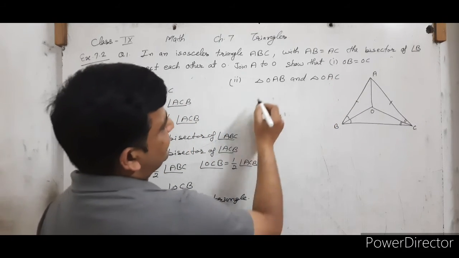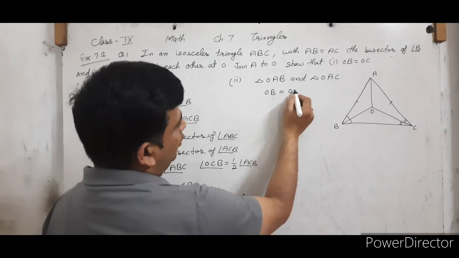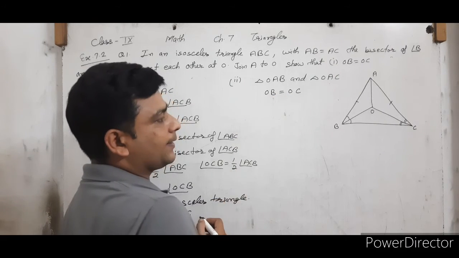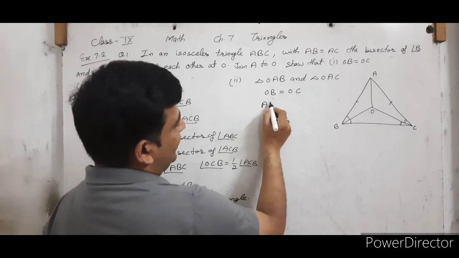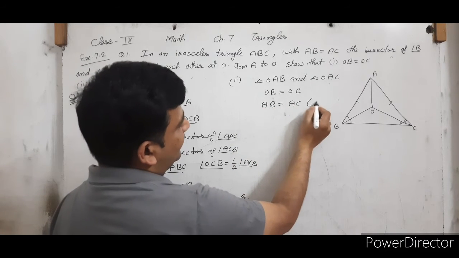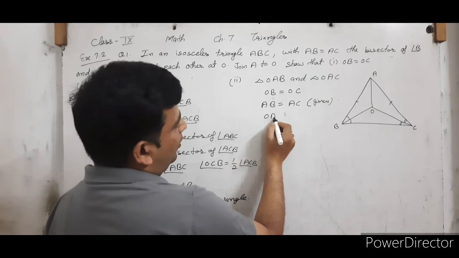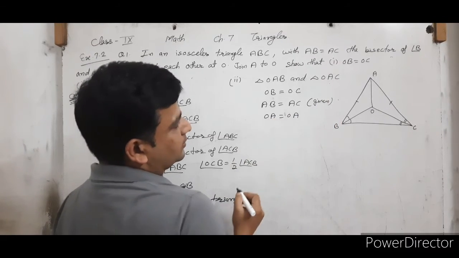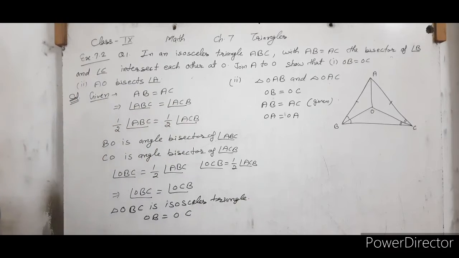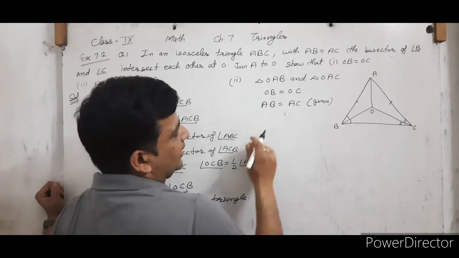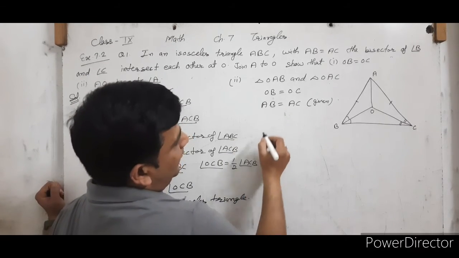In these two triangles, we already proved that OB is equal to OC. It's given that AB equals AC, and OA is equal to OA, a common side.